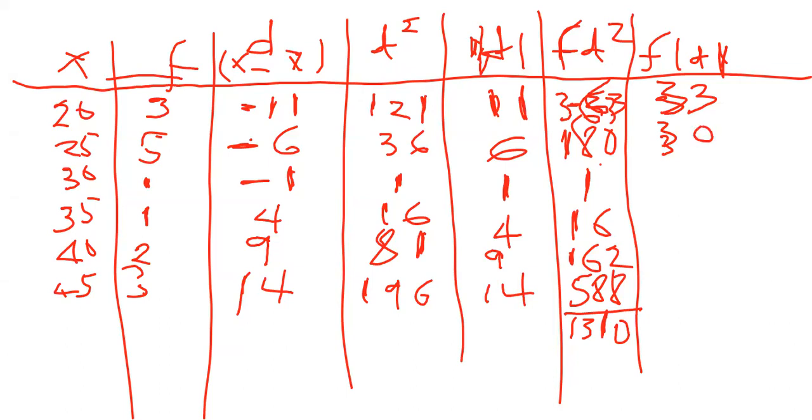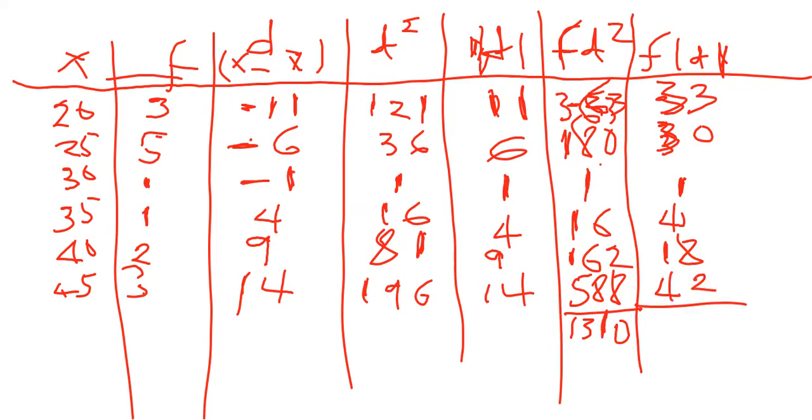Then one whole number times 1 is still 1. Then 4 times 1 is also 4. Then 9 times 2, that should be 18. Then 14 times 3, that should be 42.